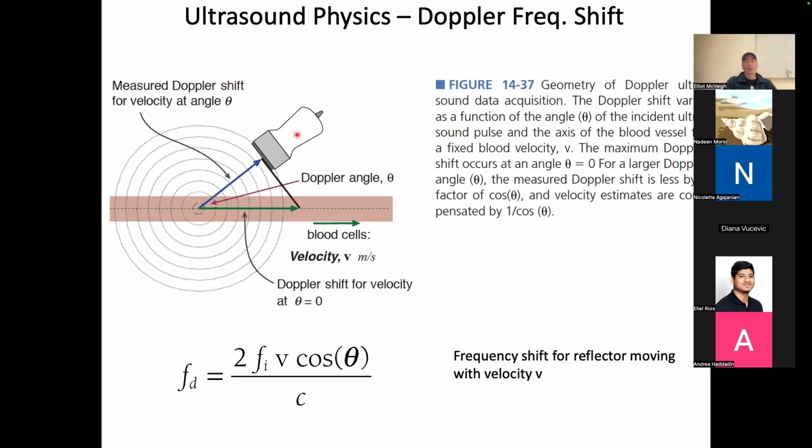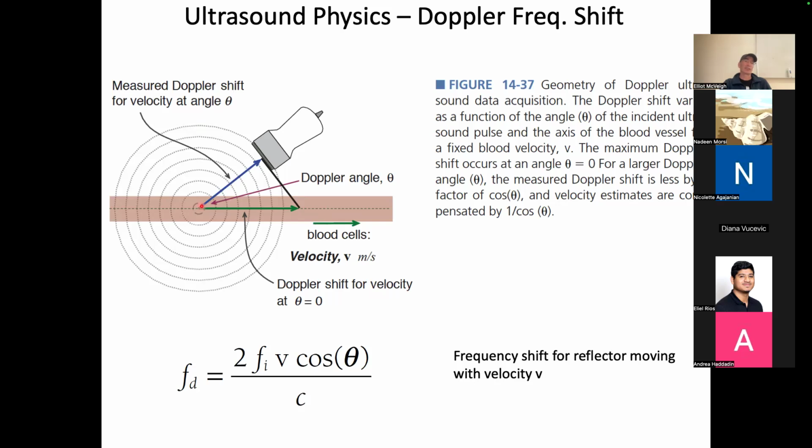If your transducer is at an angle with respect to the direction of the velocity, so let's say this pink thing here is the aorta and blood is flowing through the aorta in this direction, our transducer is seeing or is reflecting off, the beam is reflecting off reflectors in the aorta at this angle to the transducer. As you can imagine, if that angle goes all the way up to 90 degrees, the reflection, I'm not going to get any signal back.